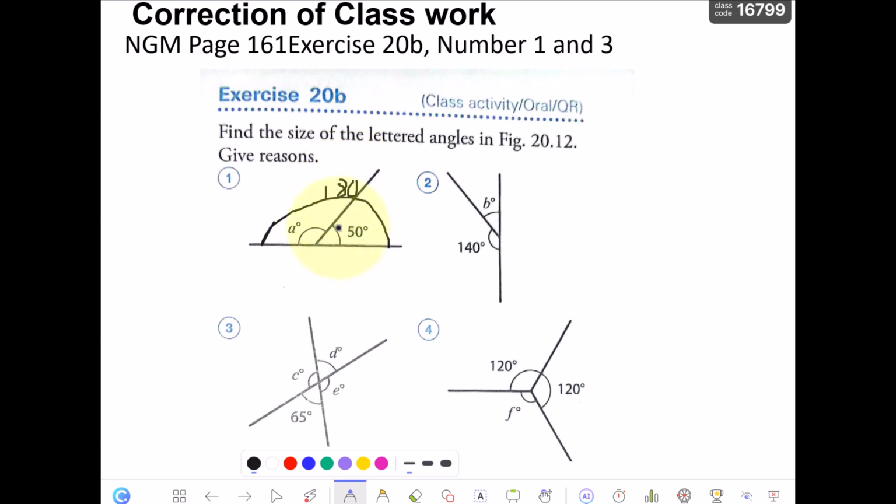So if this is 180 degrees, that means A plus 50 is going to give us 180 degrees. So with this one, you can solve the value of A. That means if you collect your like terms, you do your 180 minus 50. You know now that one will give us 130. That is the solution to this first class work. So take note of that.